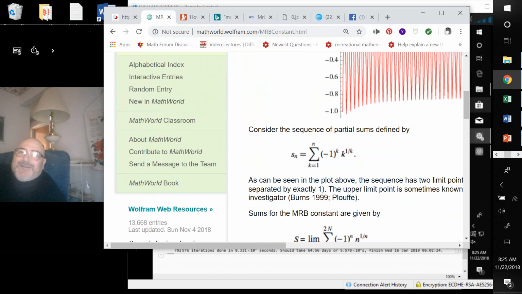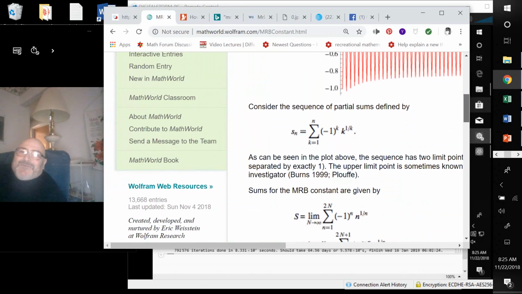There we go. Okay. When I started describing the MRB constant, all I really knew was high school level math. I knew about roots of numbers like square root, cube root, fourth root, fifth root.